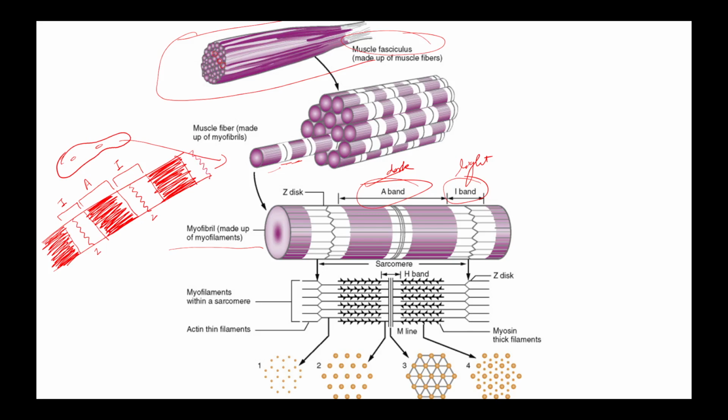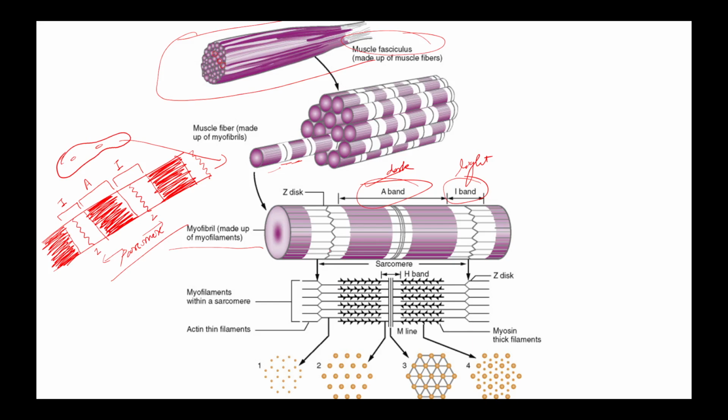That is considered the unit of the myofibril, and that unit from one Z disc to another Z disc is referred to as a sarcomere. That also later proved to be the functional unit of the myofibrils.